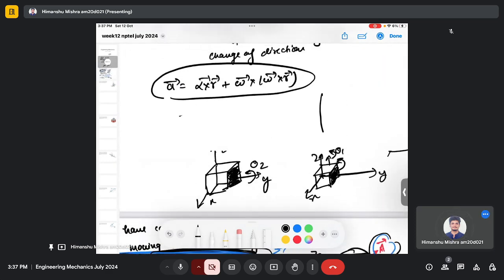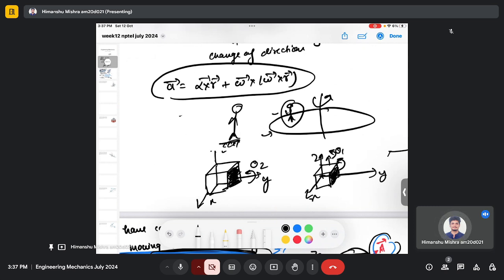Let's say there is a disk and you are standing here, and your friend is sitting on a disk which is rotating, right? So you are standing in a fixed frame, and you can see your friend and disk both are moving, both are changing direction.